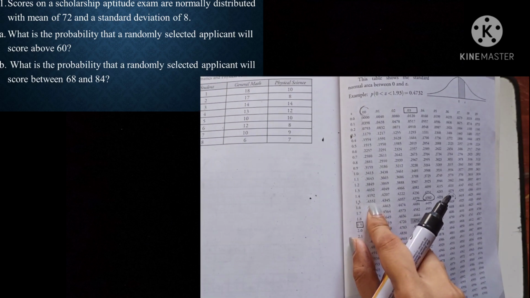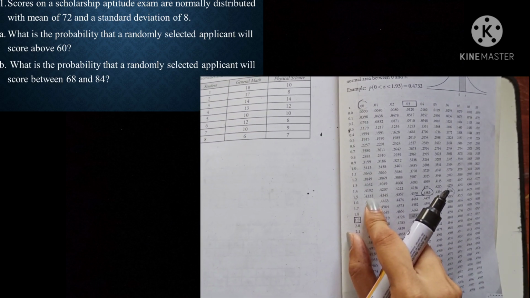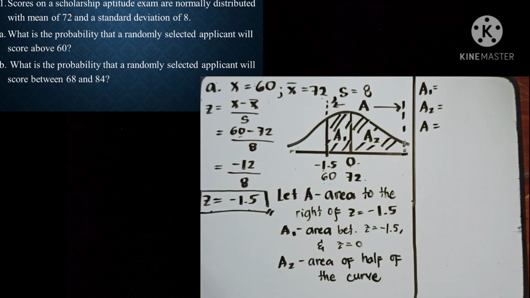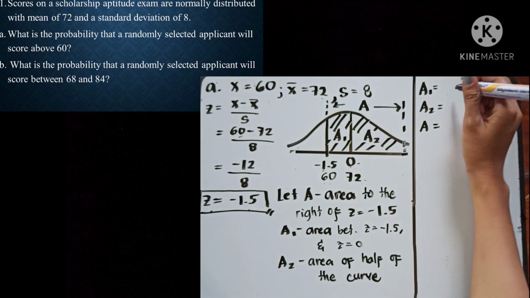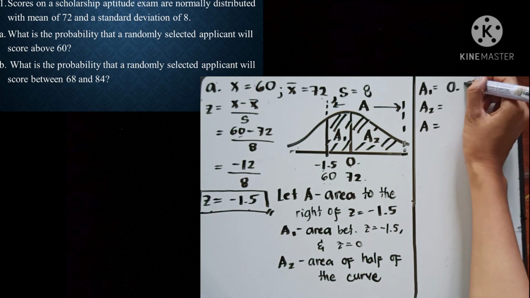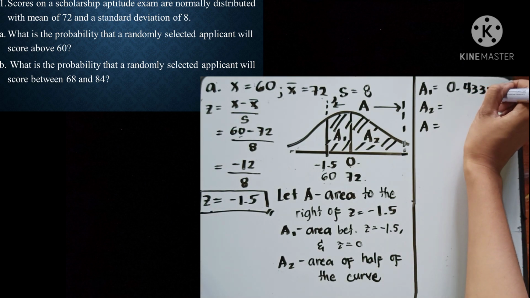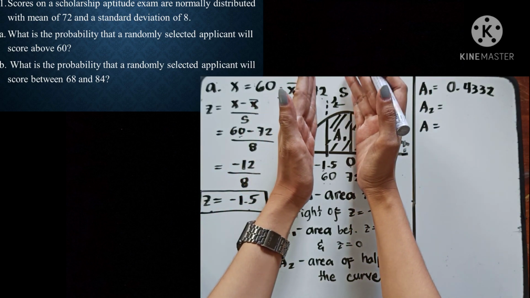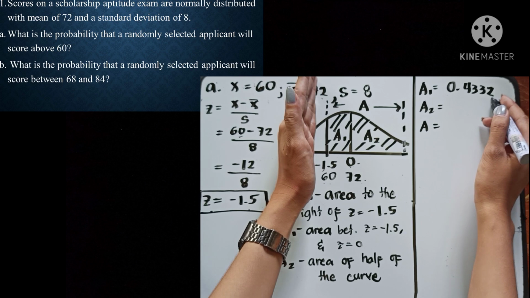Okay, and that is 0.4332. Okay? So, ibig sabihin, yung value ni A sub 1 natin is 0.4332. So, ibig sabihin po, itong part na to, yung area na to is 0.4332.